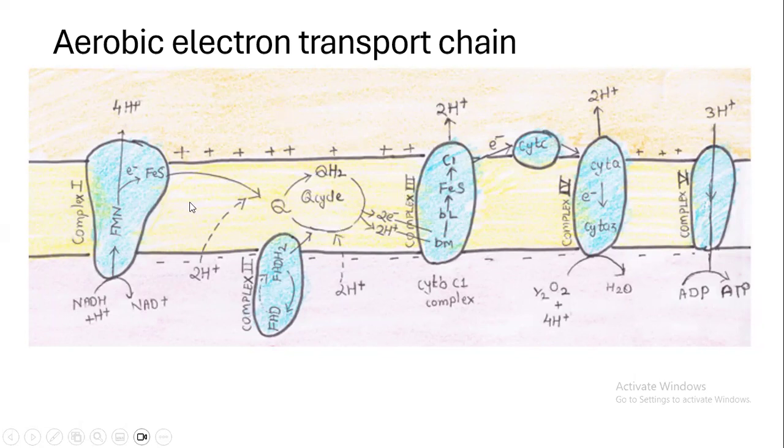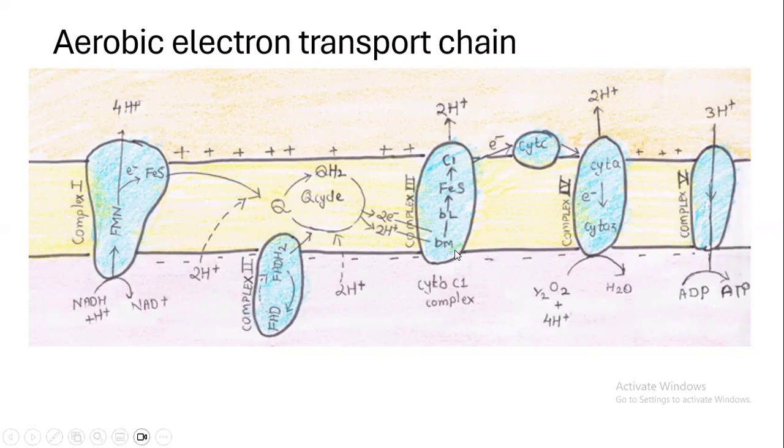So from both complex 1 and complex 2, the quinones receive electrons and are completely reduced. These electrons and protons are then transferred to complex 3, which is also known as cytochrome BC1 complex. In this process, the quinones get oxidized again and are recycled.